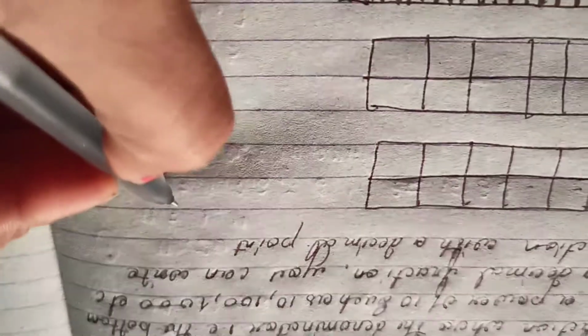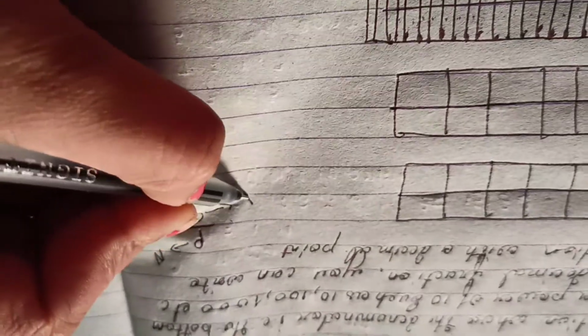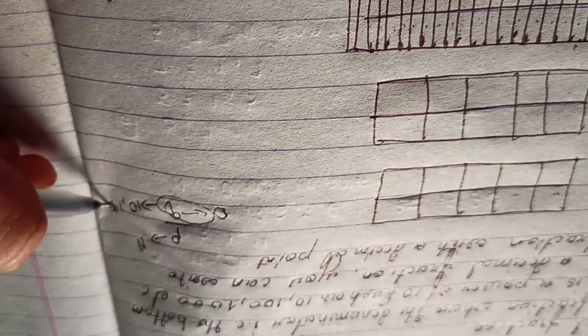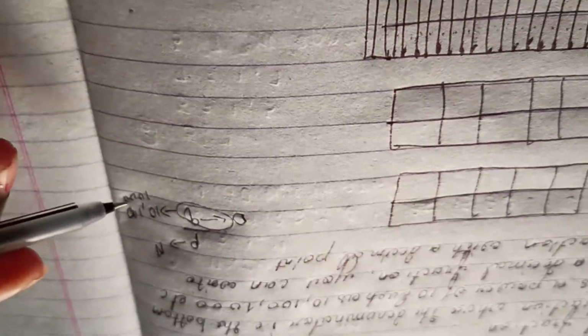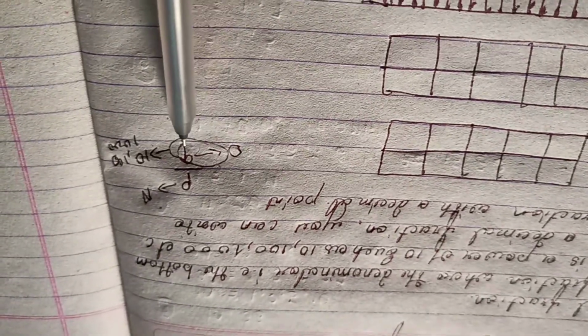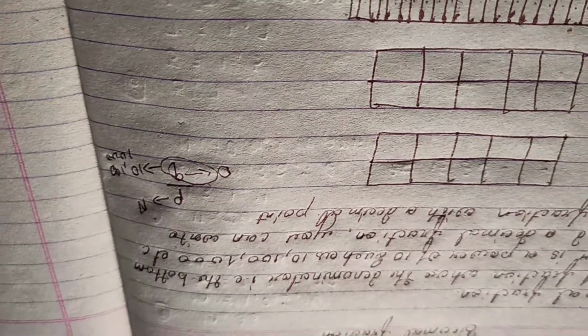We know that in a fraction we have p and q, where the upper number is the numerator and the lower number is the denominator. They are saying if the denominator contains 10, 100 or 1000, this fraction is called a decimal fraction.